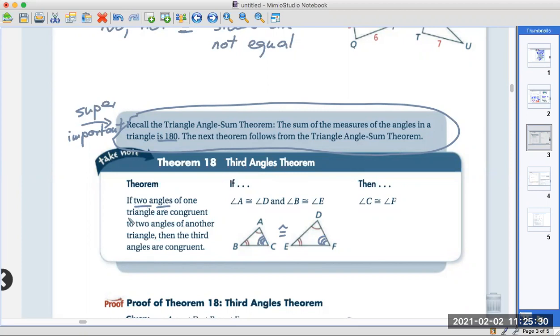If two angles of one triangle are congruent to two angles of another triangle, then the third angles are also congruent by default because their sum is always 180. Okay, so that's what this means. So really we only need two angles congruent to show that two triangles are congruent.